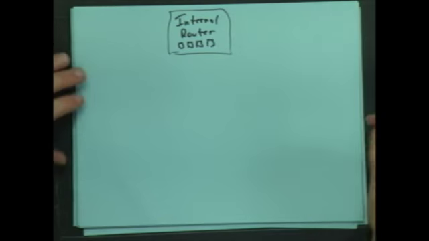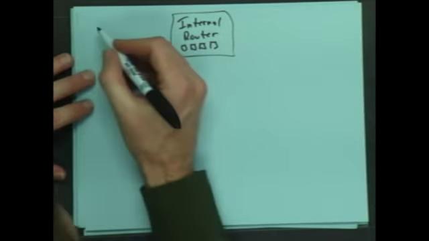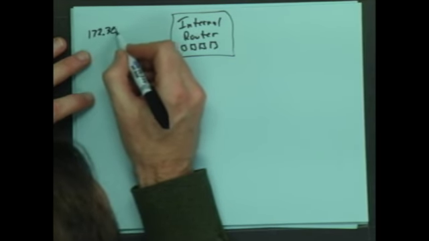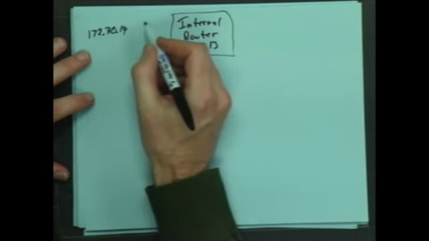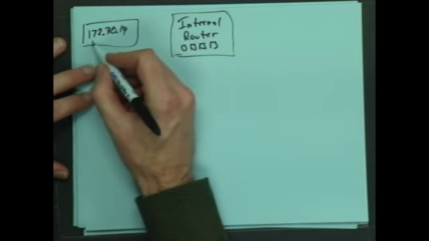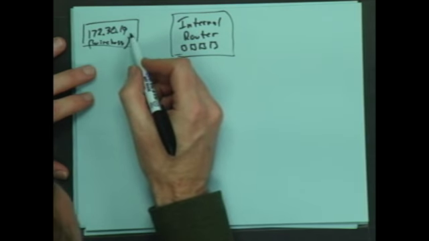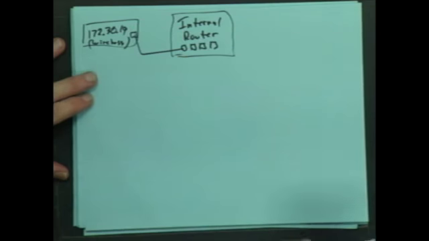Okay? So we're the ones that say, for example, there's a network over here, 172.30.19. So I had to put this here. And let's say this is wireless. Okay? And the router is connecting to that access point into port 1.